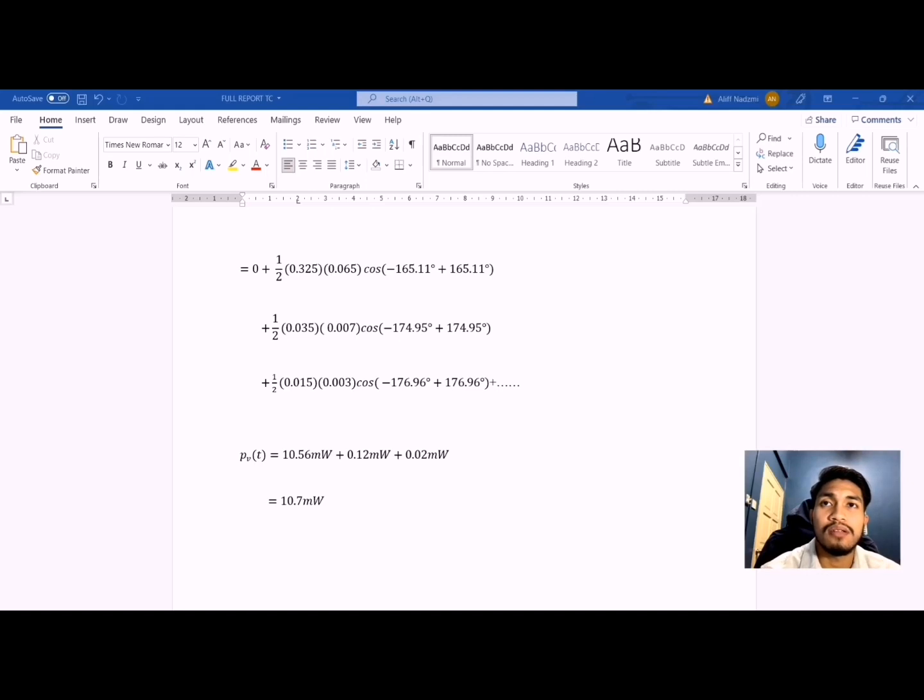So this means that our final value that we have is 10.7 milliwatt consumed by the resistor. So that's all for the manual calculation, and I will pass to our next member for the simulation.